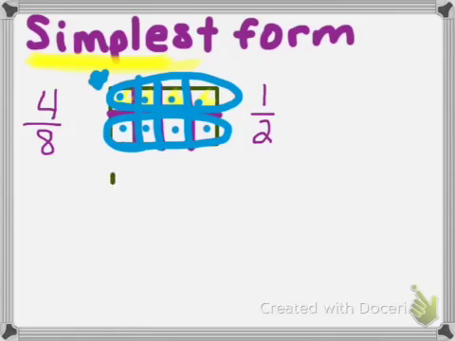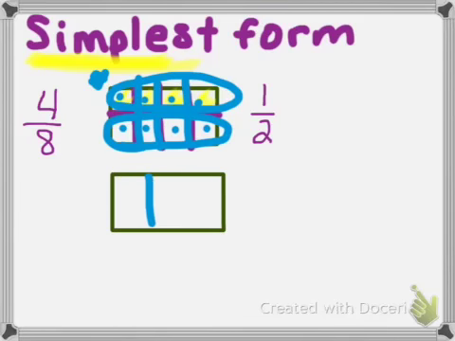Now sometimes the fraction's already in simplest form. So take, for example, the fraction 1/3. If I look at my pieces that I have here, I have 1 piece, 2, 3 pieces. If I took out this line, this section would be really large compared to this section.